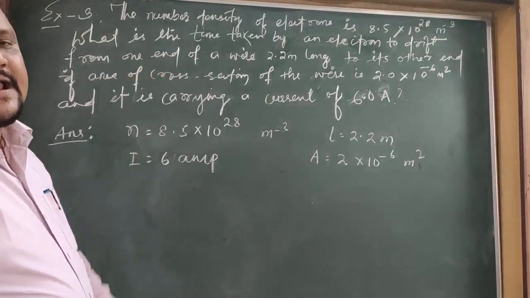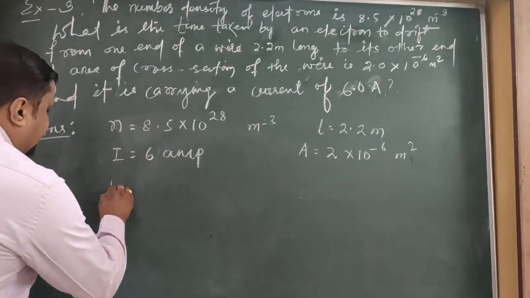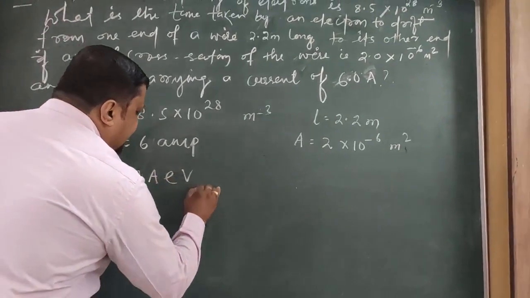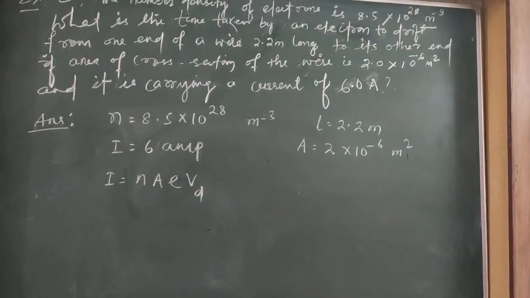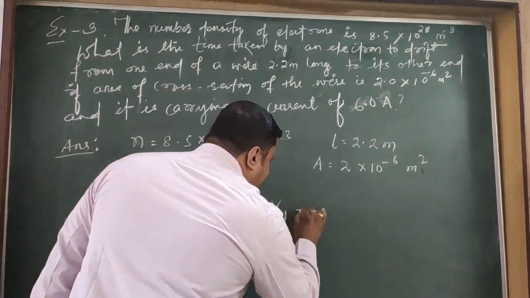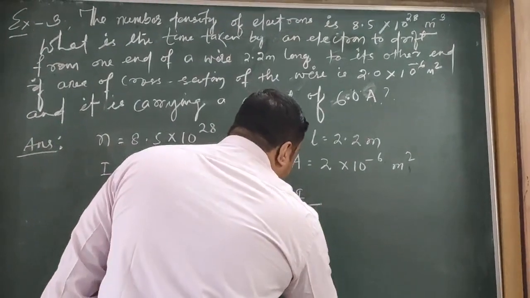So I will calculate the time taken. To do that, let me first use the formula I = nAeVd, to find the drift velocity of the electron. This implies that the drift velocity Vd = I / nAe.